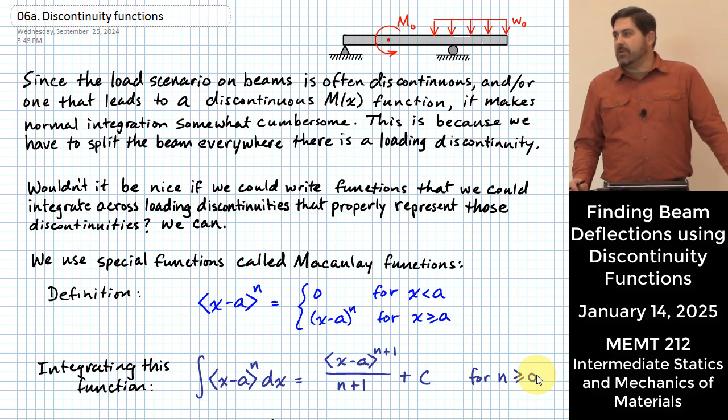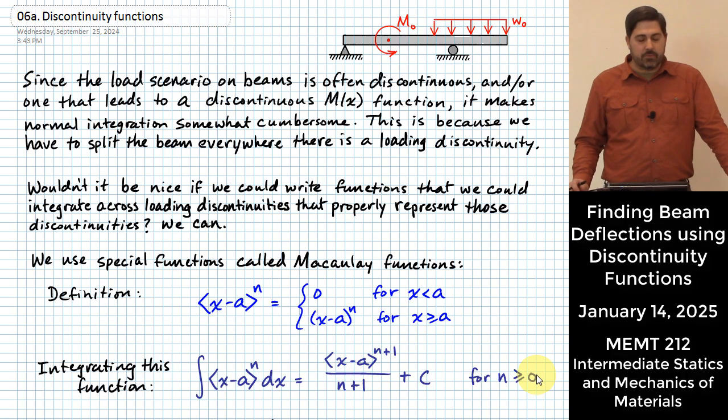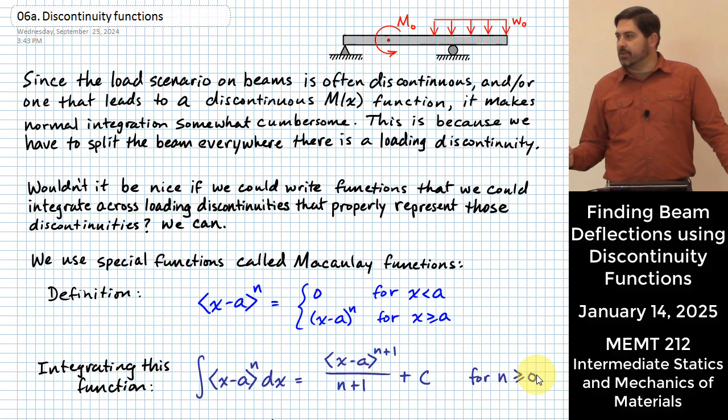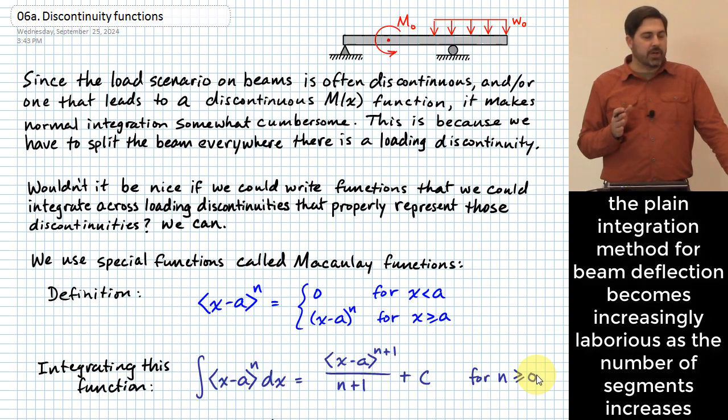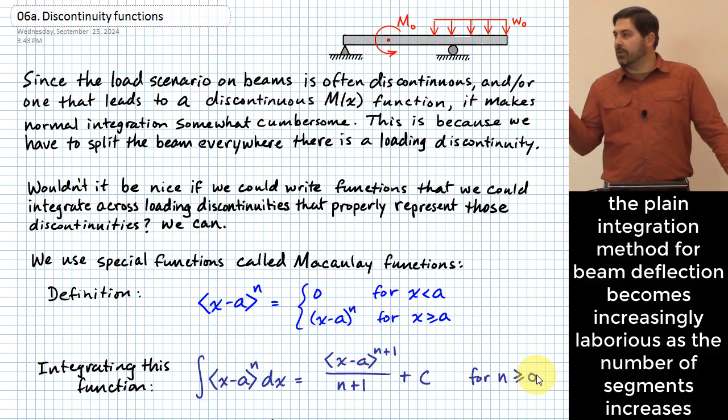So there's a very handy method that we have to do beam deflection problems by integration. What it centers around is the idea that when we do beam deflection problems by integration the normal way, the way we covered it last time, one of the things that we have to do is take the beam and split it up into little segments based on our loading configuration.